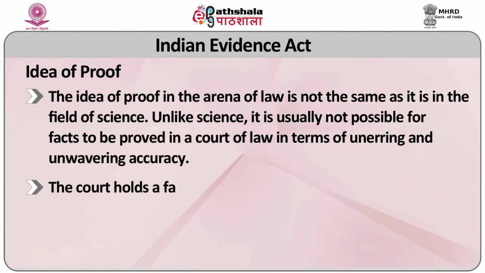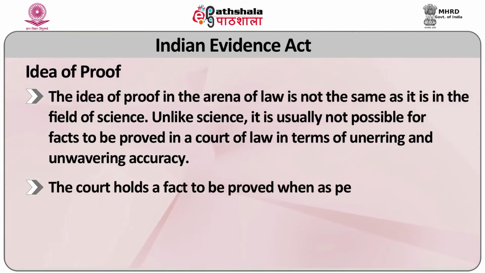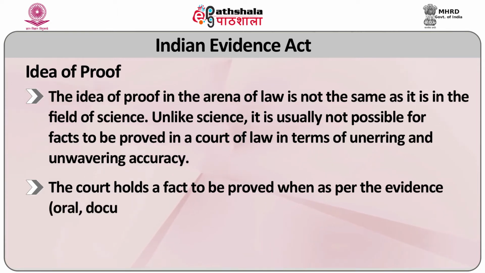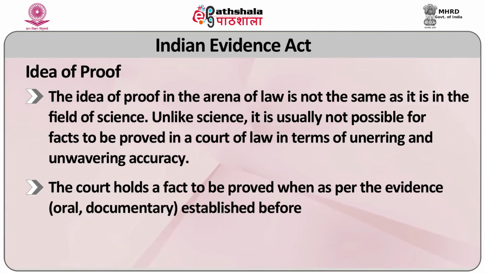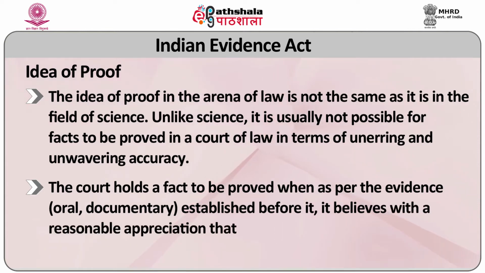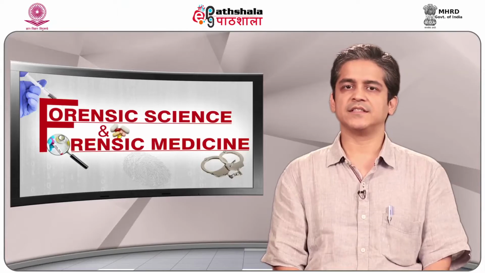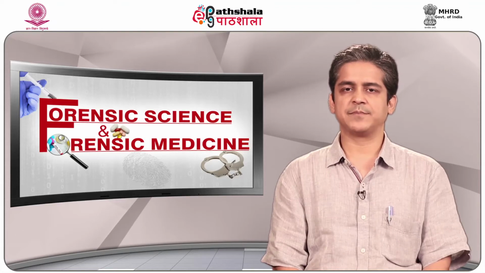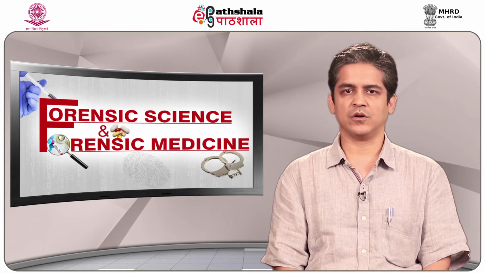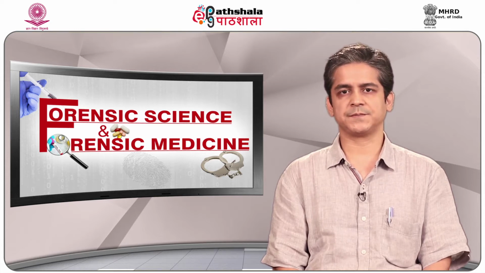The court holds a fact to be proved when, as per the evidence, either oral or documentary, established before it, it believes with a reasonable appreciation that the fact is most likely to have happened. There is no objective and absolute proof of the fact held to be proved, and there is invariably a measure of estimation involved in the entire process.